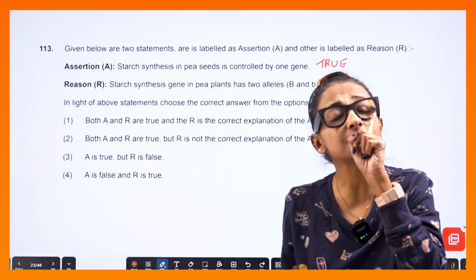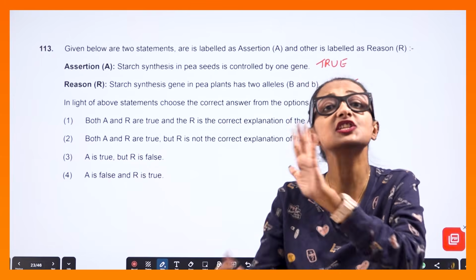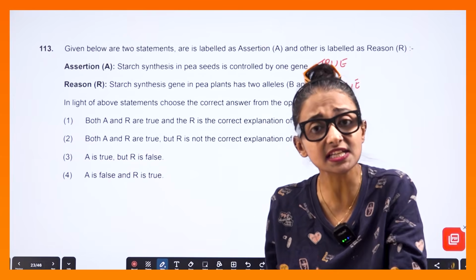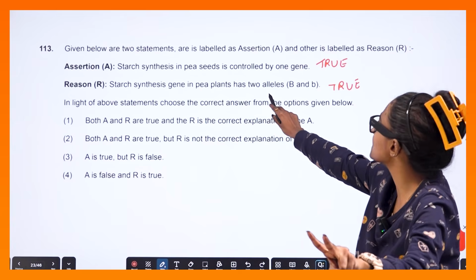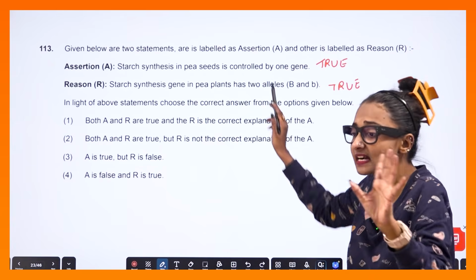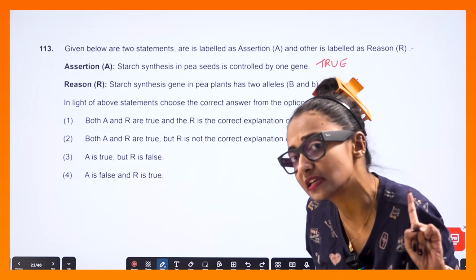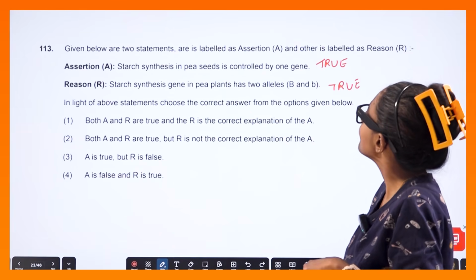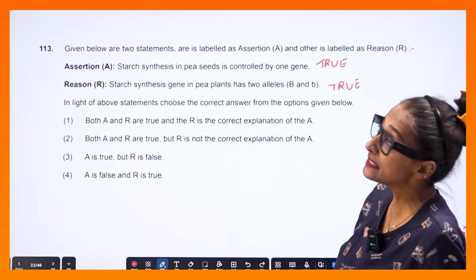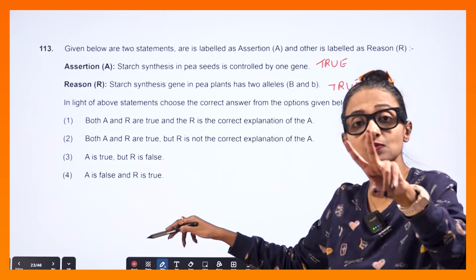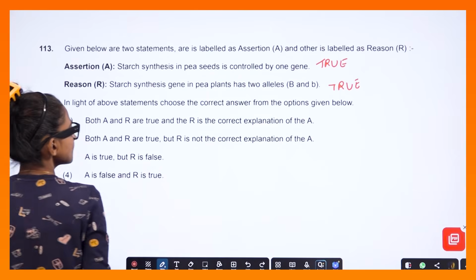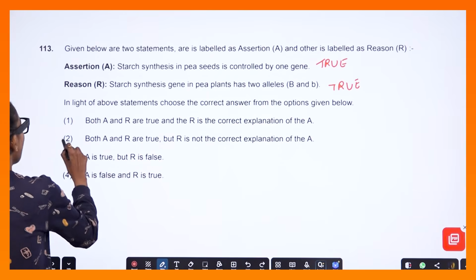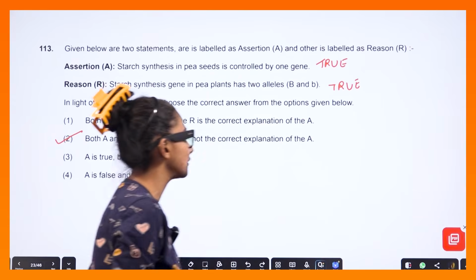It has nothing to do with the gene having two alleles. So both of them are true, but R is not the correct explanation of A.